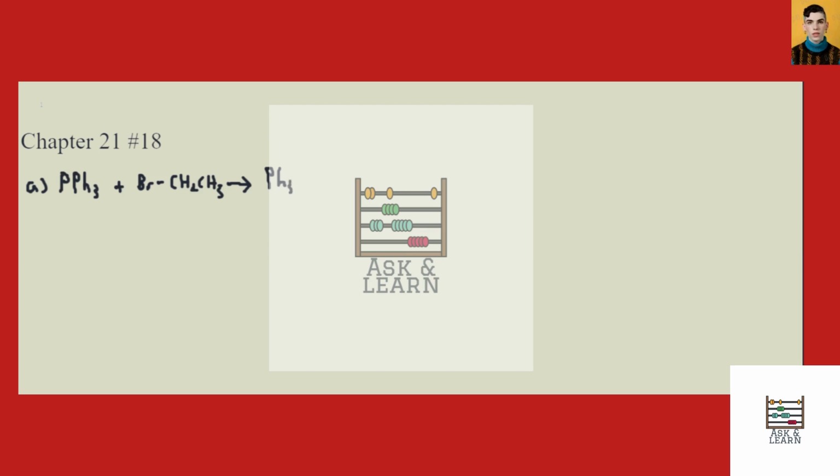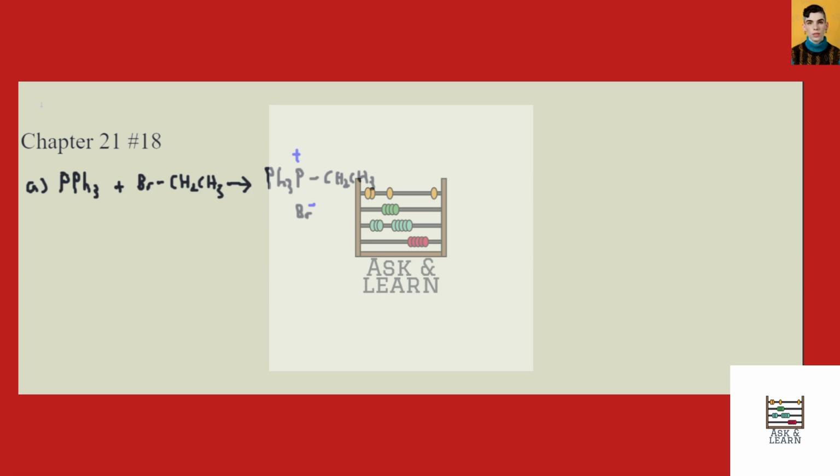So Ph3P, CH2CH3, and then also there's the bromine. And then we should go ahead and draw the charges in. So I'll show the charges in blue, as I like to do. So there's a positive charge on our phosphorus, a negative charge on our bromine.